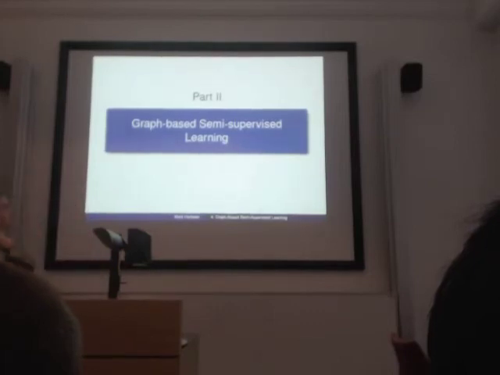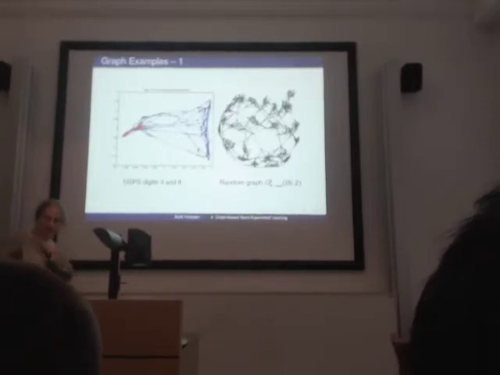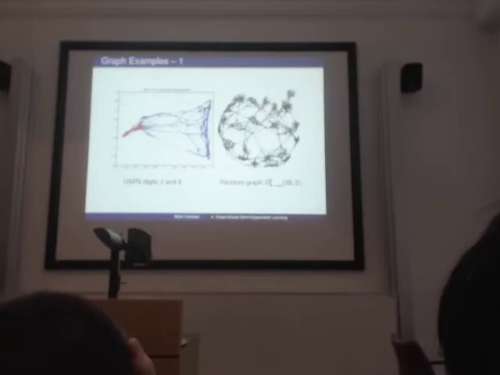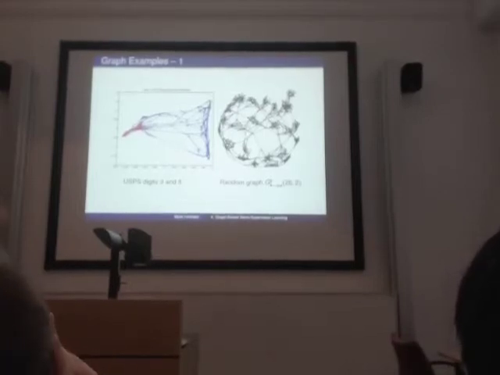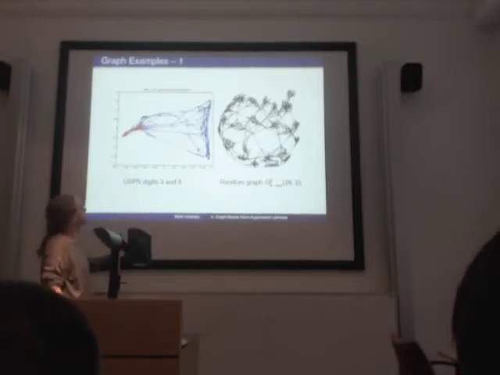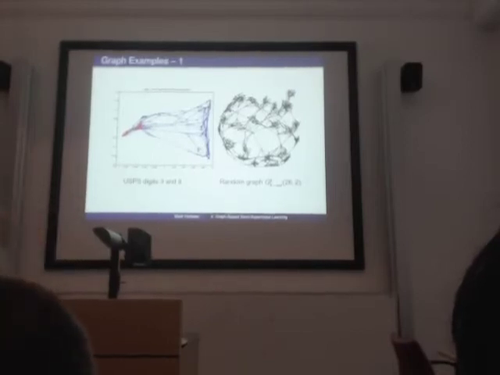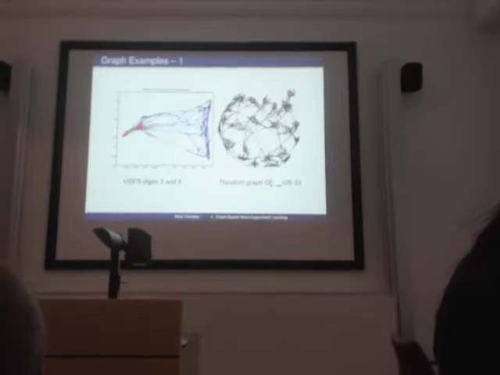So let's look at graph-based semi-supervised learning. Let's look at some examples of graphs. Here's a graph built from the USPS digit data set. These are built from scanned digits, and we built some graph by using a k nearest neighbors metric to connect each point to its 3 nearest neighbors.